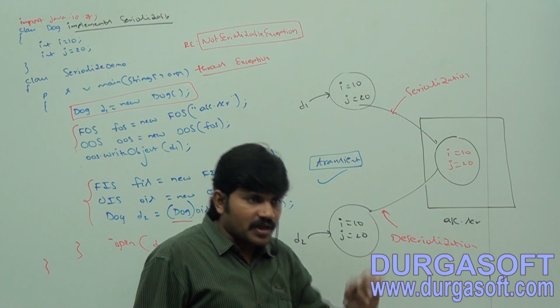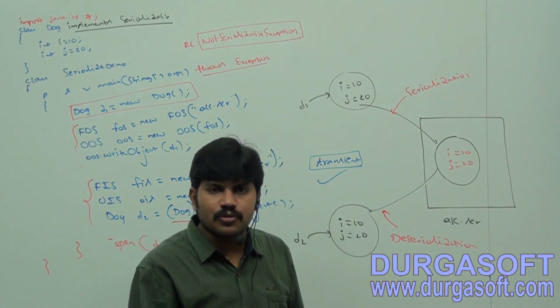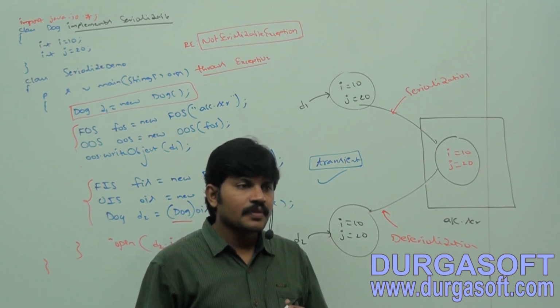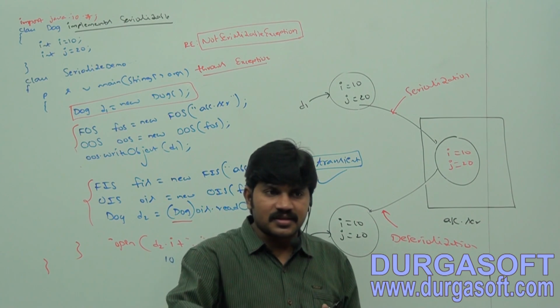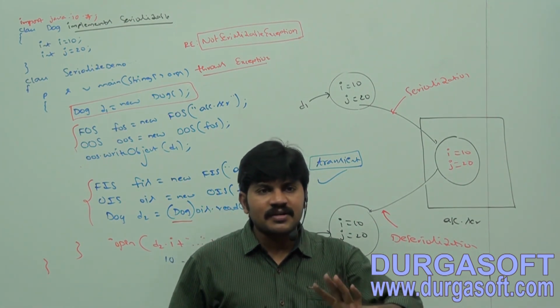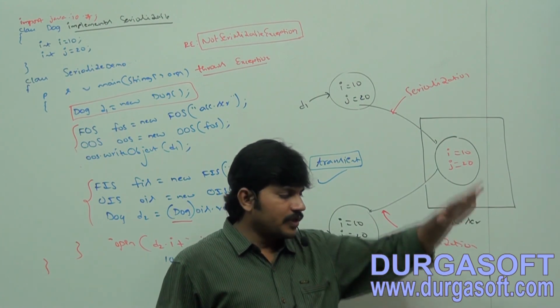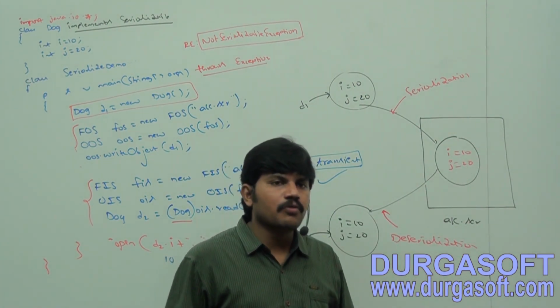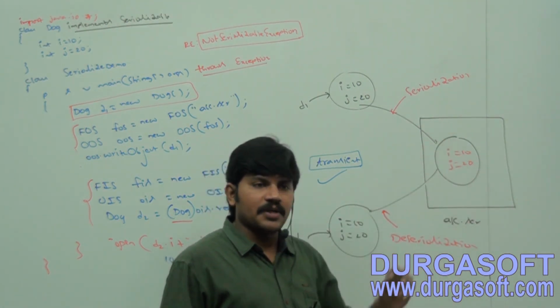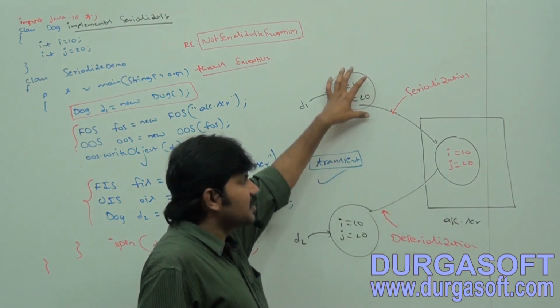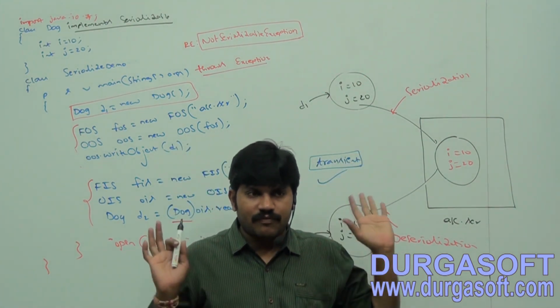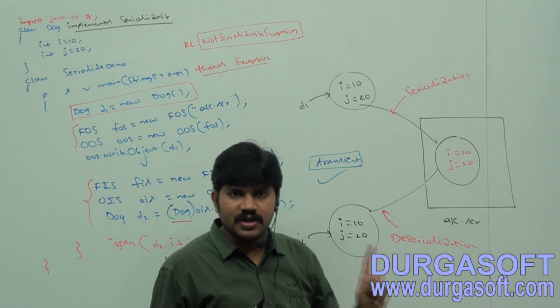Saving data to the file, is it permanent storage or temporary storage? Permanent, because this file is going to be stored in the hard disk. Hard disk data is permanent. Even if today you shut down the system, tomorrow you open this file, the data will be there by default. So in serialization we are saving the data permanently to the file.